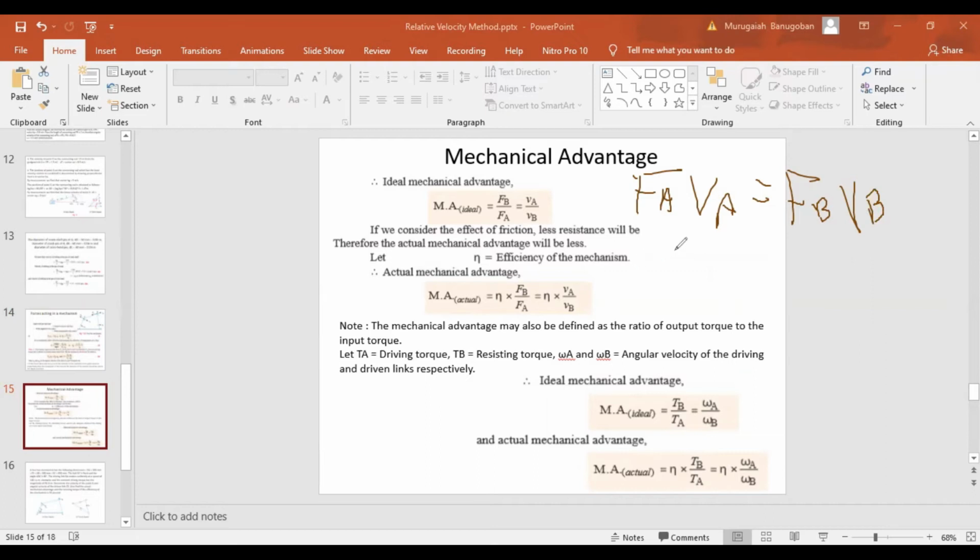So if mechanical advantage is equal to the output force upon input force, that is FB upon FA, which means VA upon VB, right? So which can be written as VA upon VB.